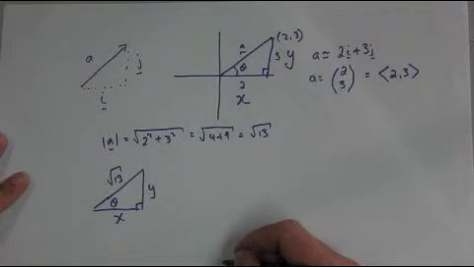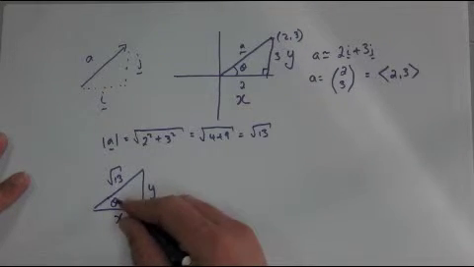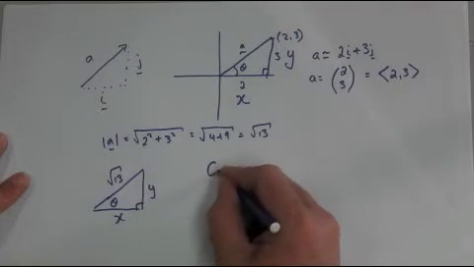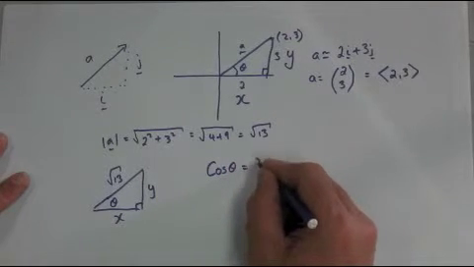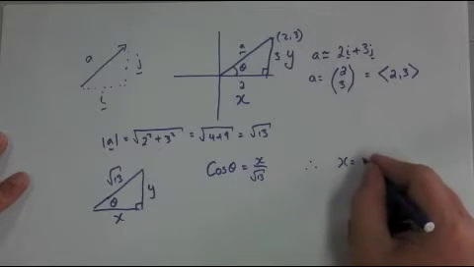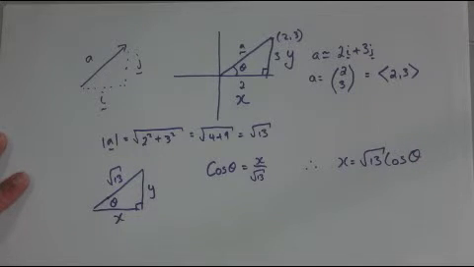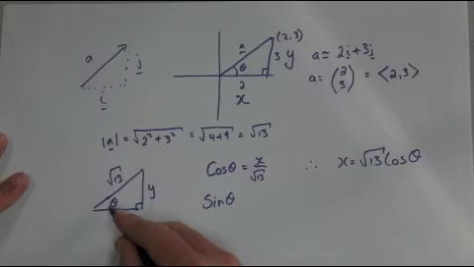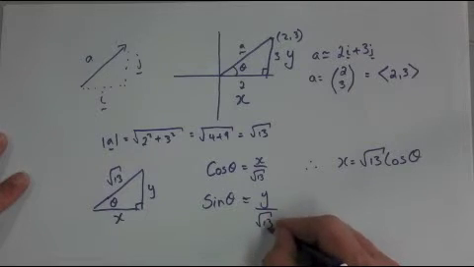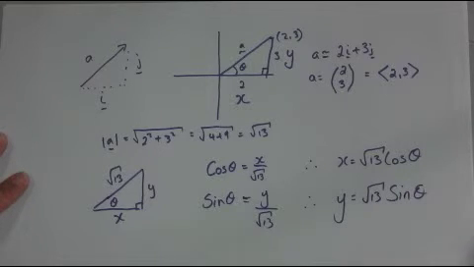I could come up with 2 trig ratios to help me with this. First off, looking at x, theta, and this hypotenuse of root 13, the trig ratio I would use is that the cosine of theta would be equal to the adjacent side over the hypotenuse, and so therefore x would be equal to the magnitude times the cos of the angle. Likewise, the sine of that angle would be equal to its opposite, which is y, over the magnitude, root 13. So therefore, y is given by the magnitude times the sine of the angle.